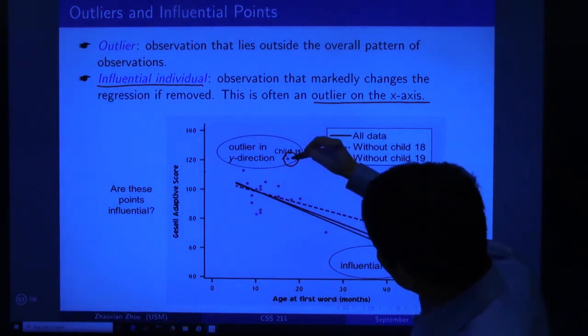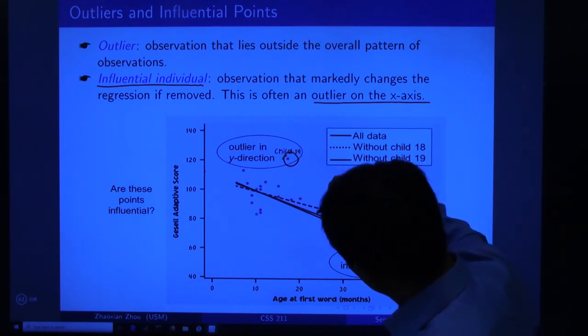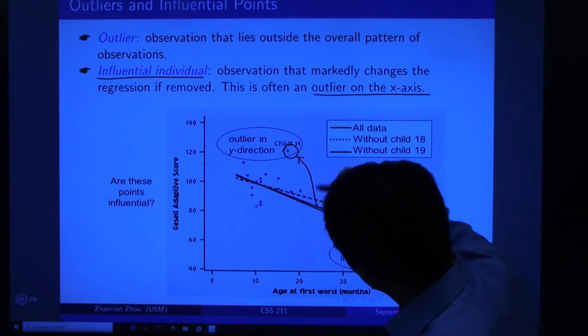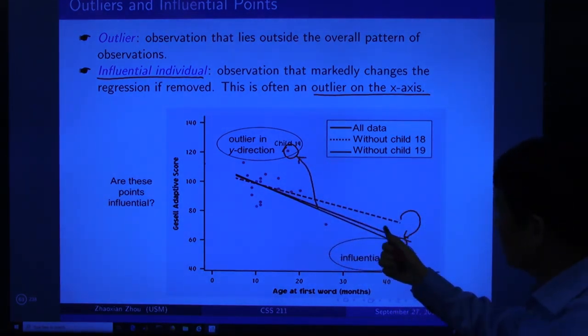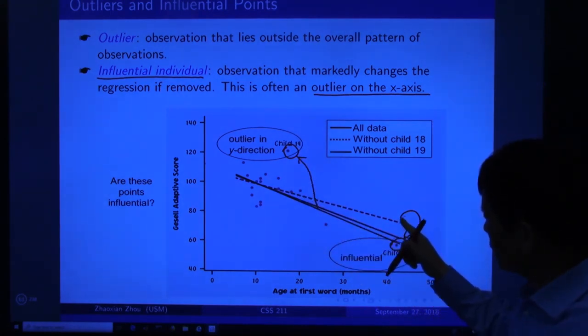And for this point, if we exclude this point only, the regression line will be the black one here. The original line is this red one. Without 19, that is this black one. Without 18, that is this one.